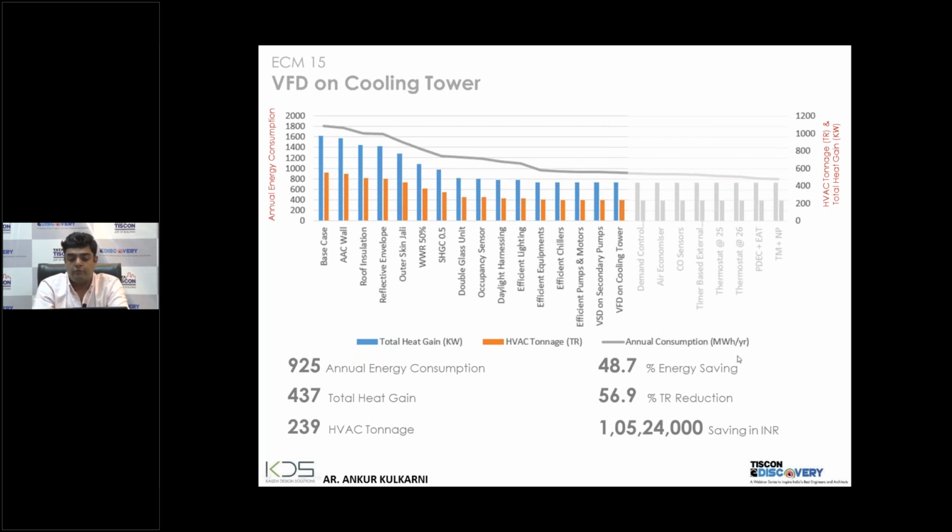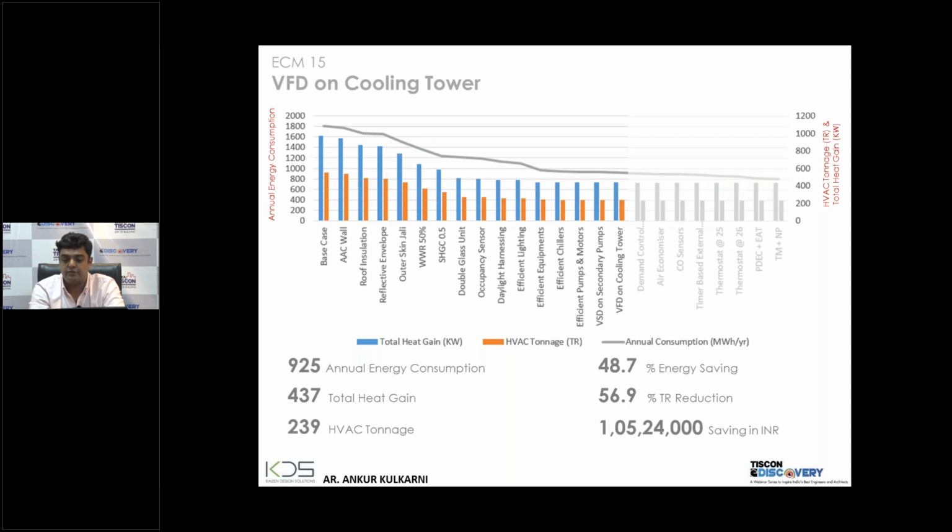You will observe that the moment we started with the HVAC part, my tonnage is not going to change, because ultimately we have tried our best to control our heat gain, and tried our best to reduce our HVAC tonnage also. So once we started improving our HVAC part, we only save on energy, because that's operational energy, and we may not be able to reduce capex henceforth.